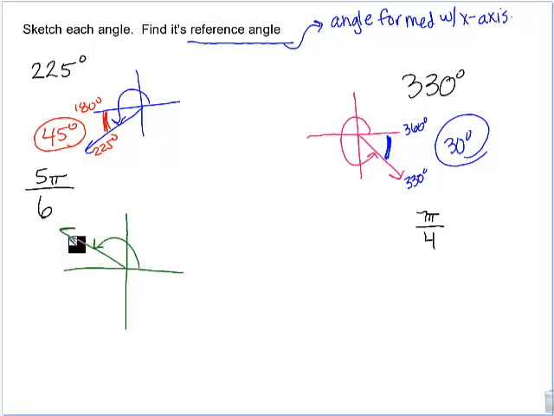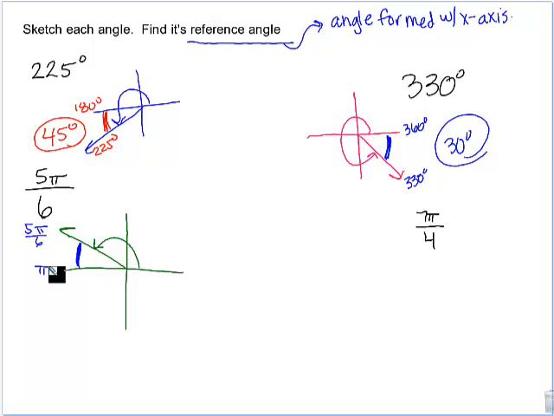Okay, so second quadrant. So now your reference angle between that measurement and the x-axis is right there. So this is 5 pi over 6. What angle measurement in radians is down here on our x? Pi. So what's the difference between 5 pi over 6 and pi?